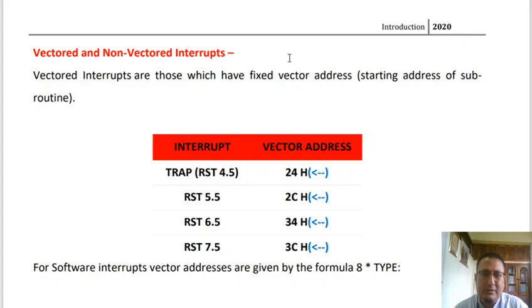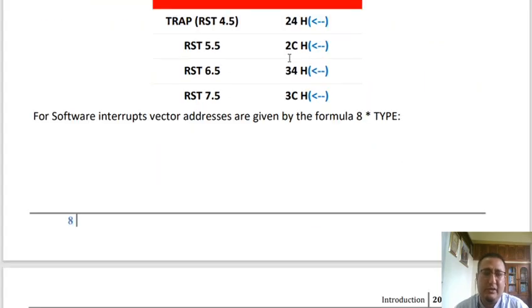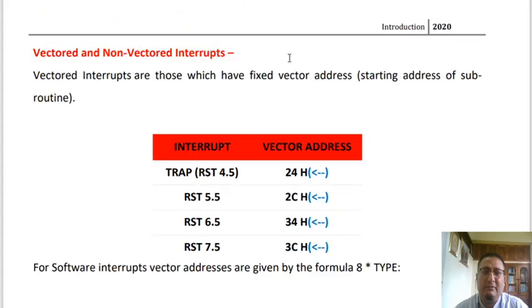Now let us try to understand what is vectored and non-vectored interrupt. Vectored interrupts are interrupts with which a vector address is associated. For example, trap is a vectored interrupt where the vector address is 24H.